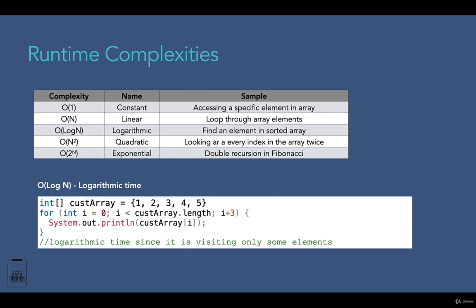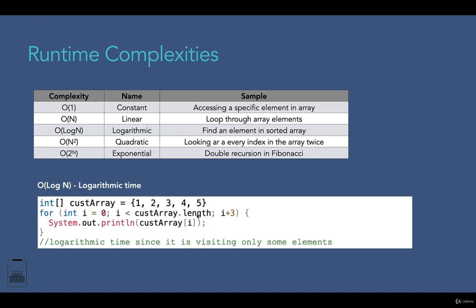Now the next time complexity is logarithmic time complexity, which is also called O(log n) time complexity. This complexity refers to an algorithm that runs in proportion to the logarithm of the input size. If you look at this code over here, we are logging numbers until the array length is reached. However, we see that in our function, we are logging numbers at a certain interval.